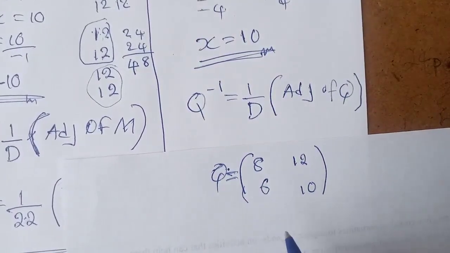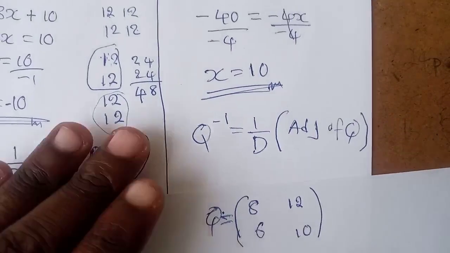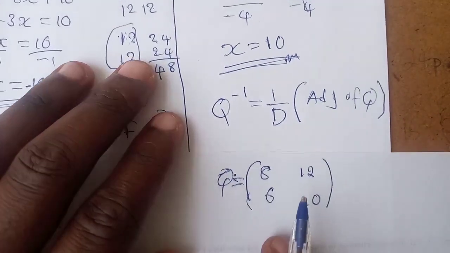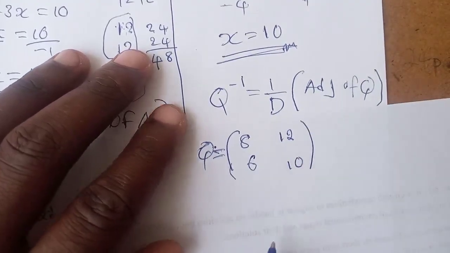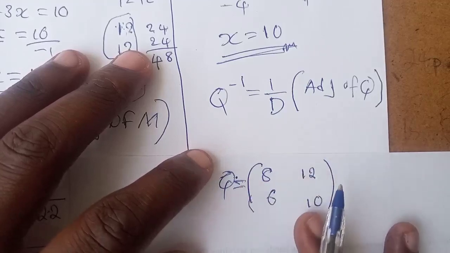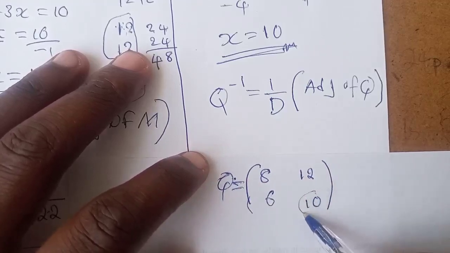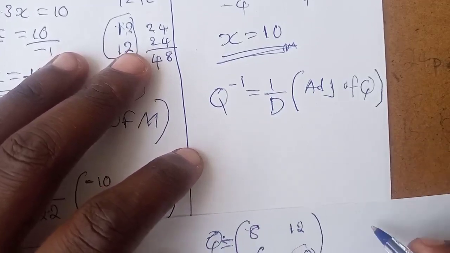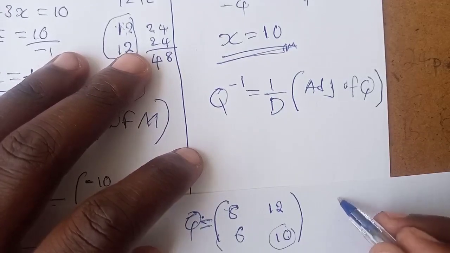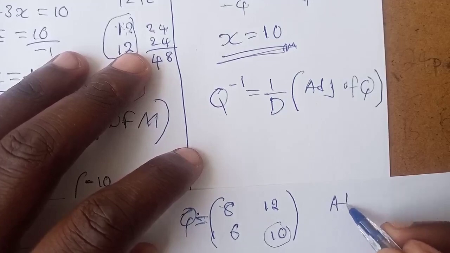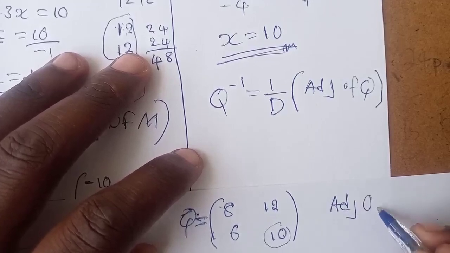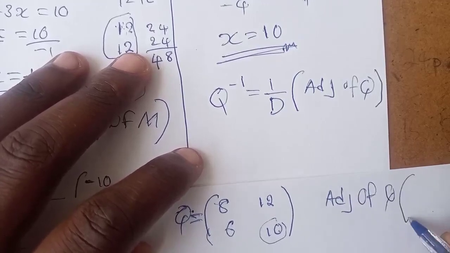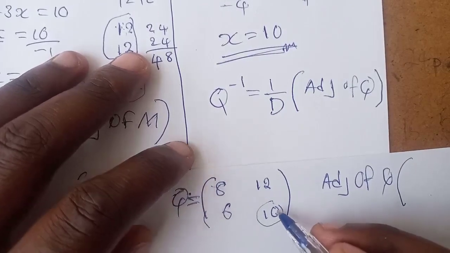This is matrix Q. Okay, so now we need to find the adjugate of Q. So this will come here, this will come here. So it will be the adjugate of Q. This 10 will come here.